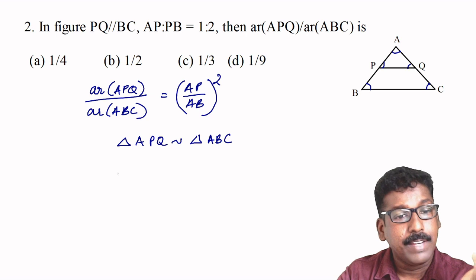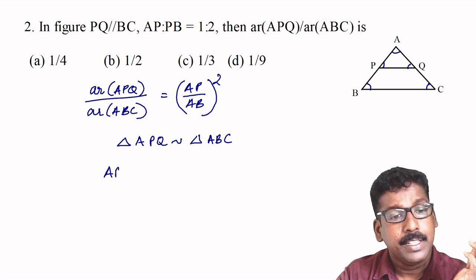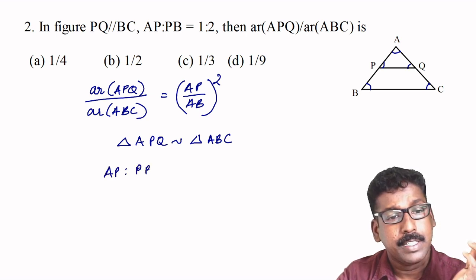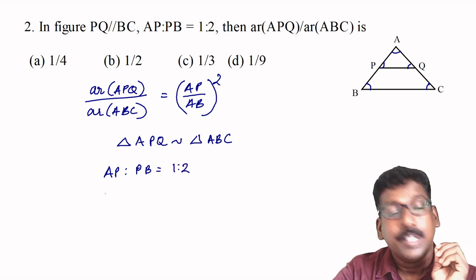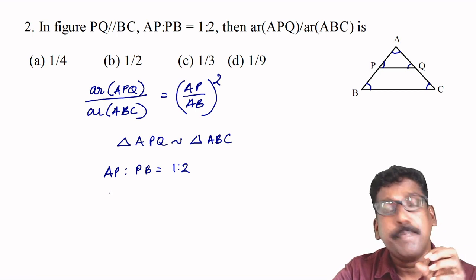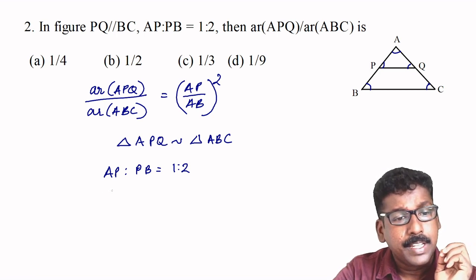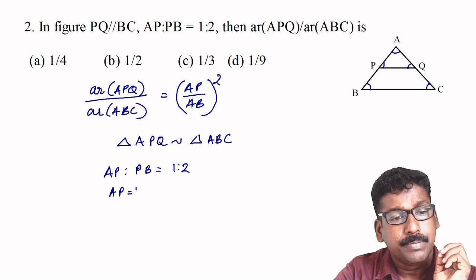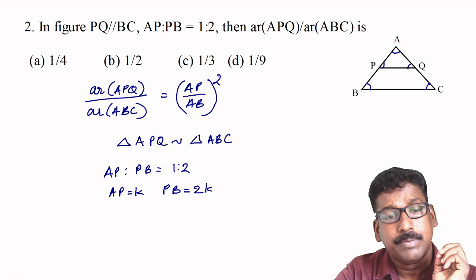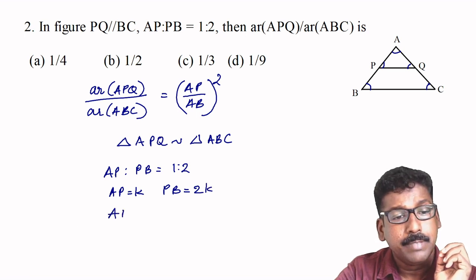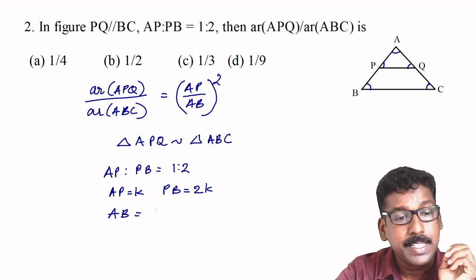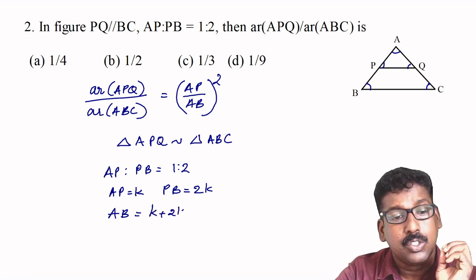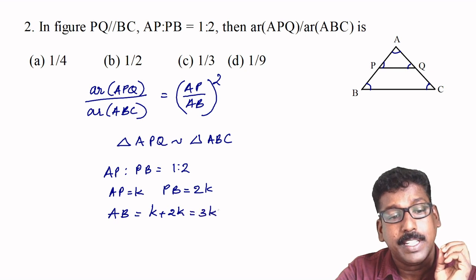Now here it is given AP is to PB is equal to 1:2. If AP is to PB is equal to 1:2, let AP be k and PB be 2k. Then what about AB? Look at the figure. AB is AP plus PB, that is k plus 2k, which is equal to 3k.